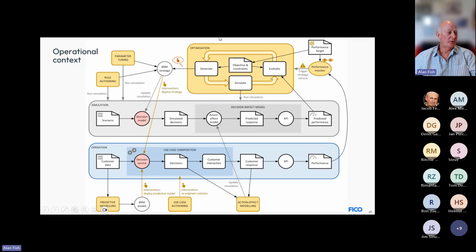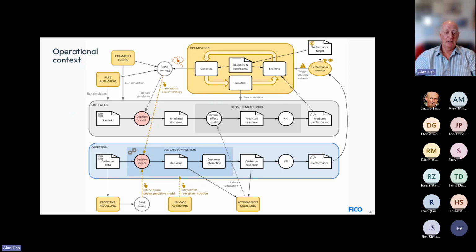Up here we have a block I called optimization, and often the way in which simulations are used is as a way of trying out lots of different cases. If we take optimization proper, where you're searching a space of possible solutions and finding the optimum one, there are various clever ways to cut corners, but essentially what you're doing is generating a possible solution, simulating it, evaluating it, and cycling around to find the best possible solution.